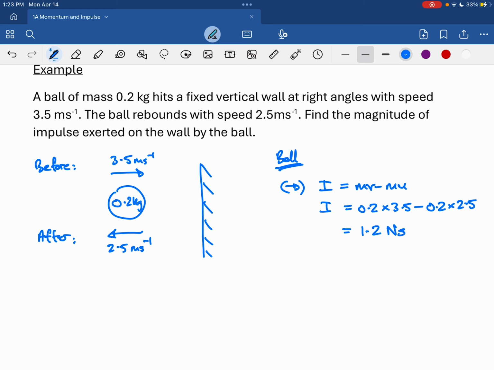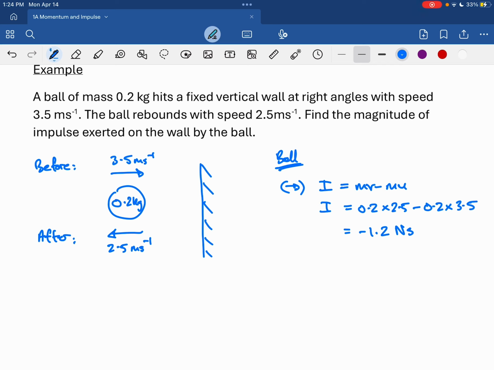So that is the impulse that the ball feels. I've actually done that wrong, haven't I? I've got my velocity the wrong way round. The reason I realised that was wrong was because the impulse wasn't negative. It should have been negative, and I'll explain why in just a moment. So 0.2 times the final velocity, take away 0.2 times 3.5. So that gives us negative 1.2 Newton seconds.